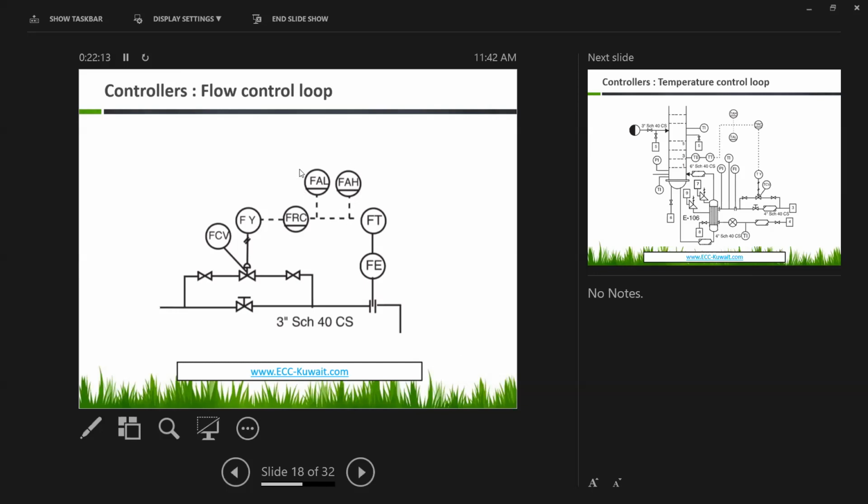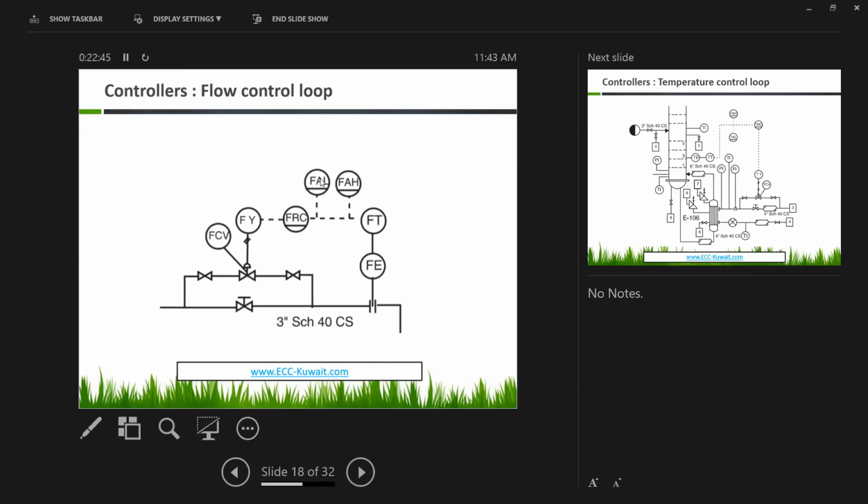Then, as you can see, we have two alarms, flow alarm low and flow alarm high. If the flow rate is very high, there is an alarm located in the front panel of the control room, which alerts the control engineer or operator that there is very high flow rate going to the equipment. The same if there is low.